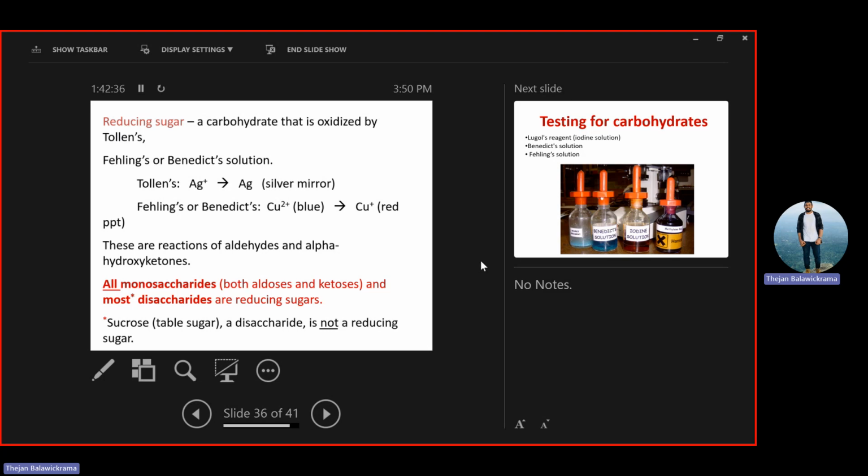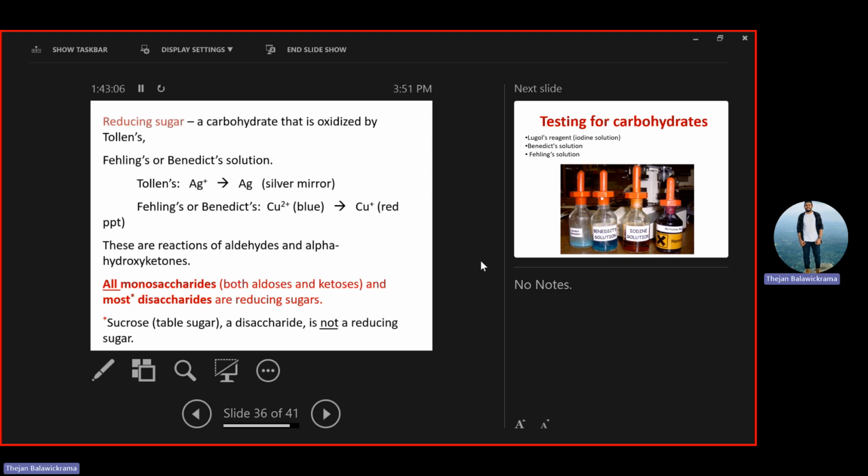If we do the experiment in a bottle, silver is formed and deposited on the inner wall of the bottle, so from outside we can see a silver mirror. That silver color is a positive result.